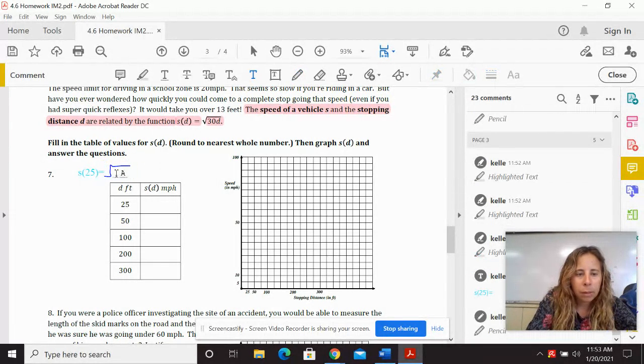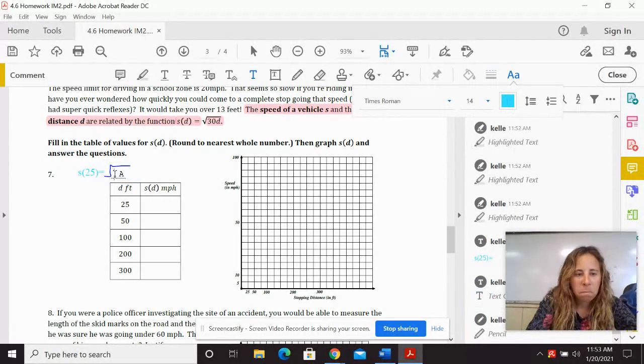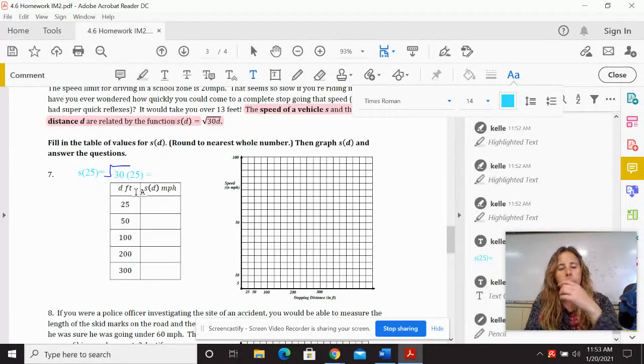I knew there was a reason. There we go. The square root of 30 times 25. So you'll have 30 times 25. You can use a calculator. And then you're going to find the square root of that.